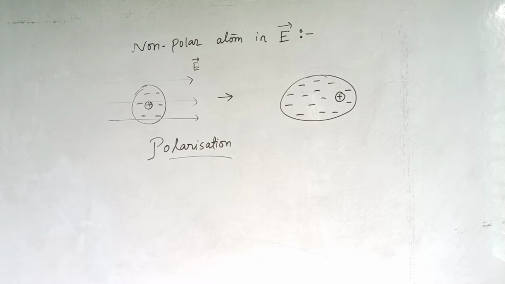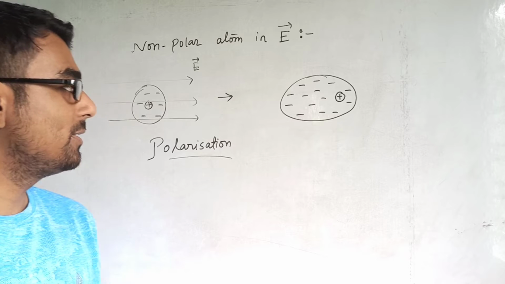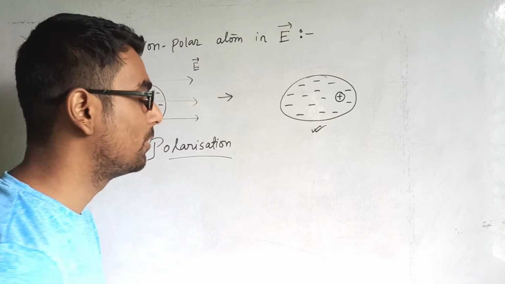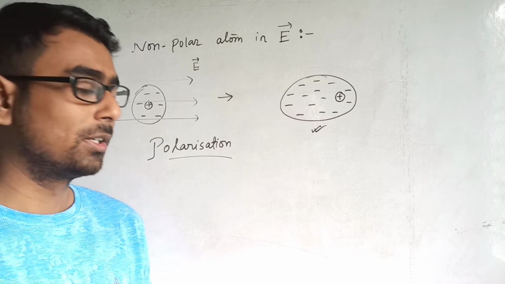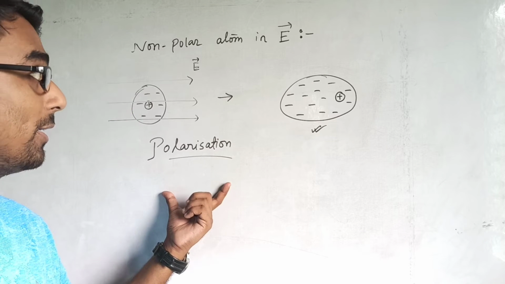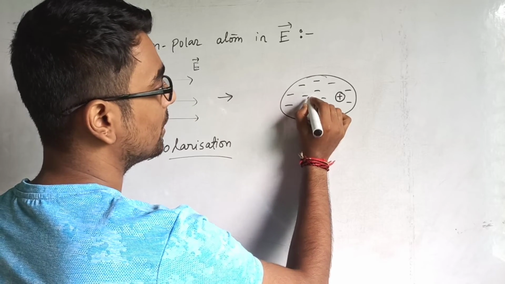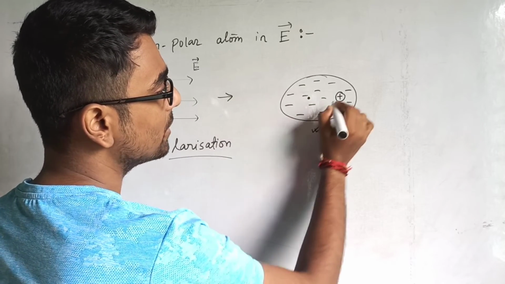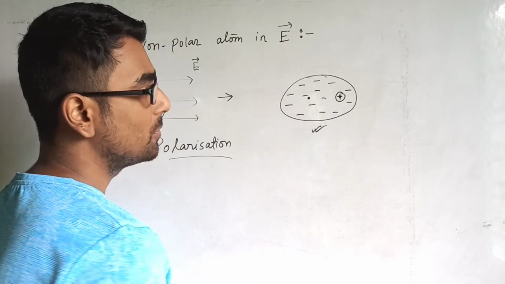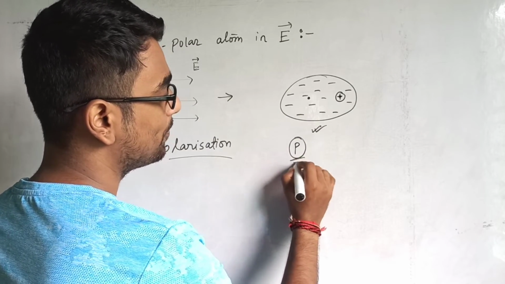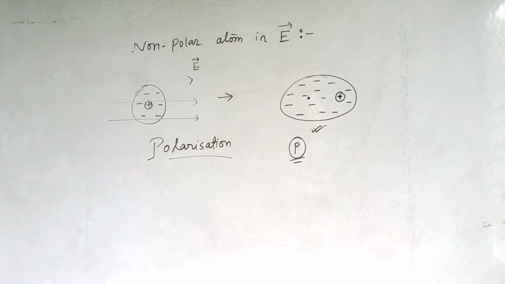That means when a non-polar atom is placed in a uniform electric field, this type of phenomenon occurs, which is known as polarization. So here will be the center of gravity of negative charge, and here the center of gravity of positive charge, as a result of which there will exist a dipole moment. Okay, fine.